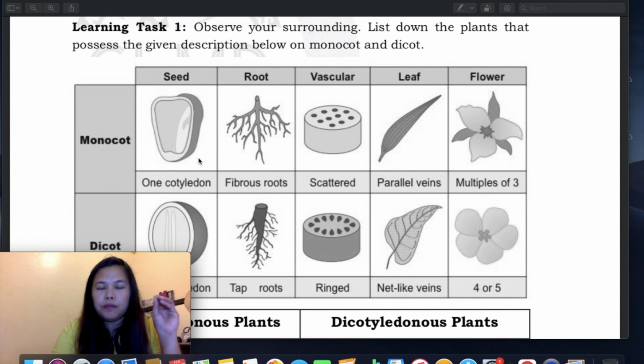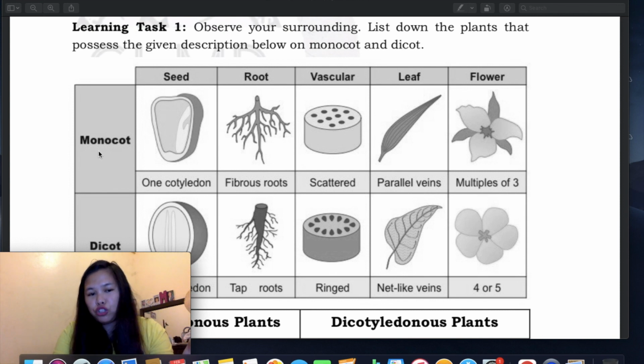Okay, kapag may nakikita ka na kapag yung seeds ay ganyan yung shape, ibig sabihin one cotyledon, monocot. Yung roots, kapag ang roots niya ay paganyan, fibrous roots, monocot siya. Vascular, very scattered, monocot din siya.